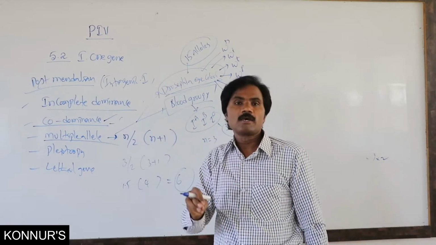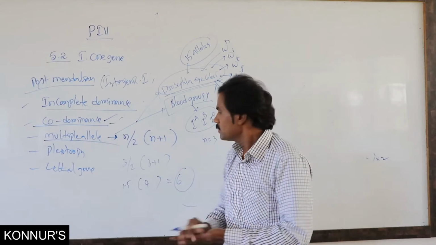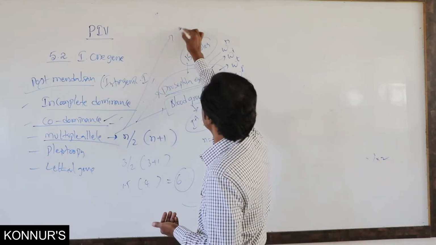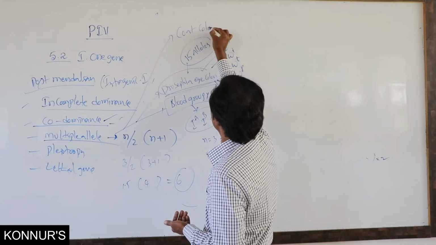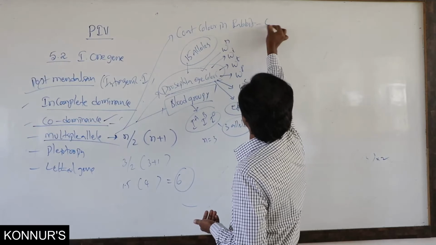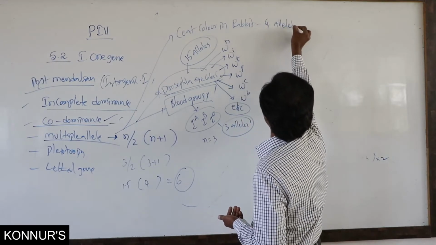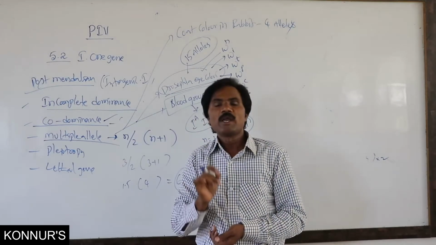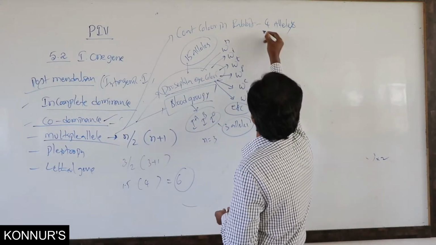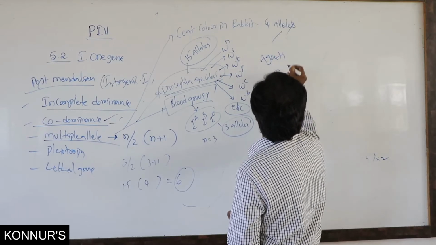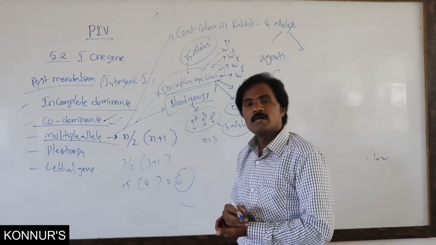Similarly, coat color in rabbit. One more example in multiple alleles. Coat color in rabbit: here, 4 alleles are present. One is agouti, C represents agouti.